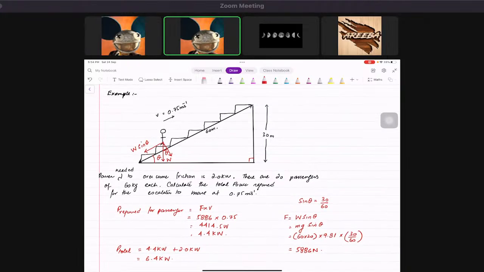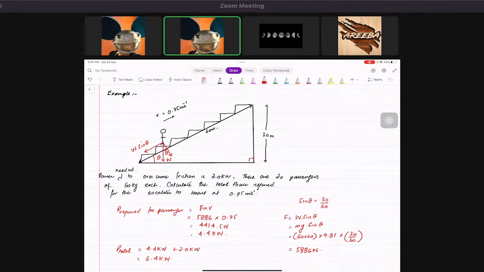So expect questions to be a little bit tricky like this. But if you understand the concept of force times velocity, and if you see, I did not take any other force. I took the force that was parallel to the velocity. So always remember that.